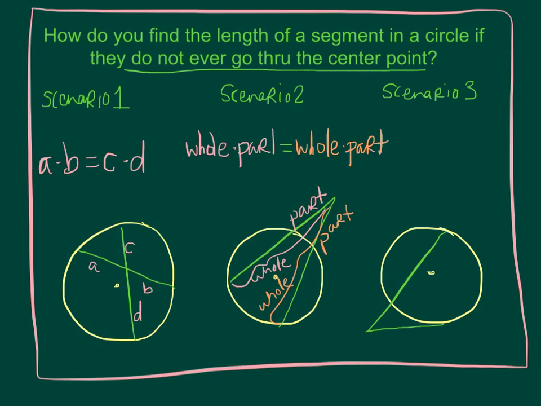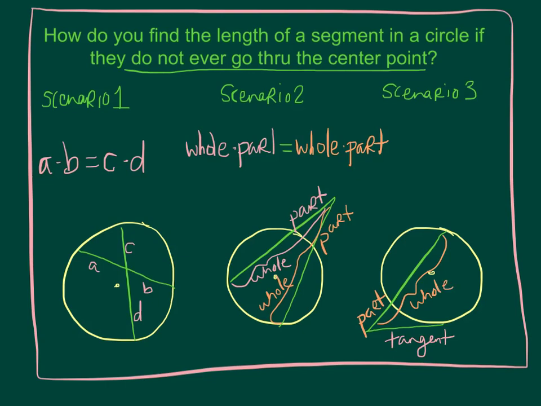And now for the last one. For this last question, I want you to remember that this is a tangent and this is a secant. So I'm going to call this the tangent length. And for this one, I'm going to call this the part, and this whole part right here put together as the whole.